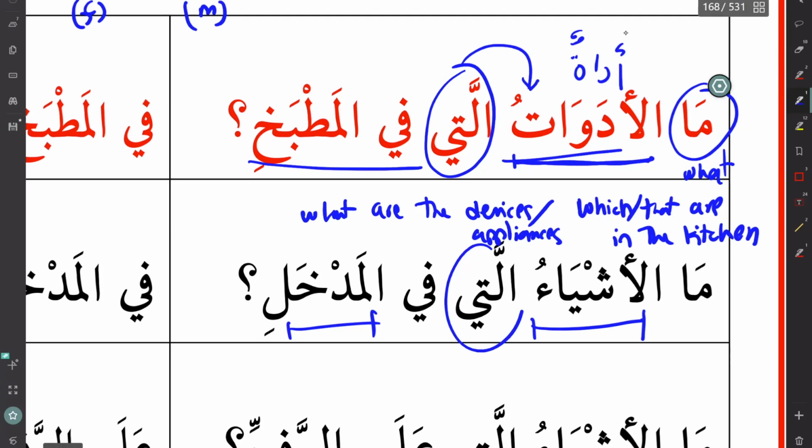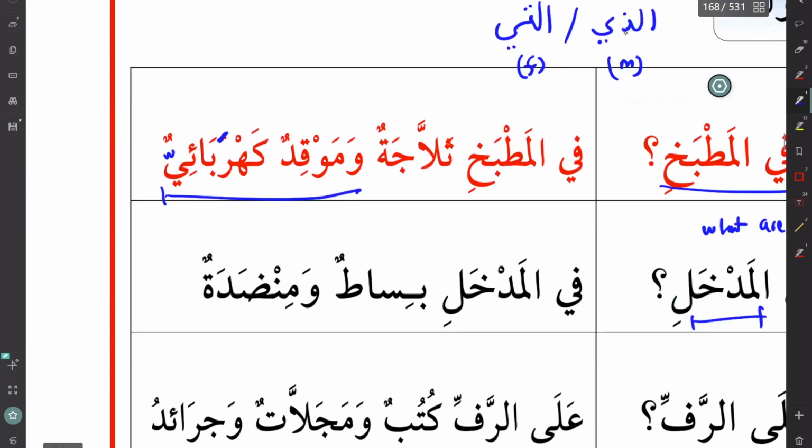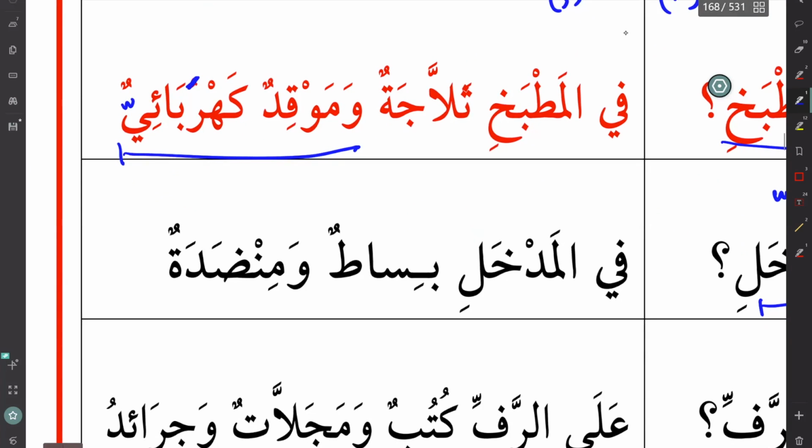So again, we're using allati as a relative pronoun for al ashya'u. What are the things that are in the entrance? Now, it says في المدخل بساط ومنضدة. So in the entrance, there is a carpet and a table.